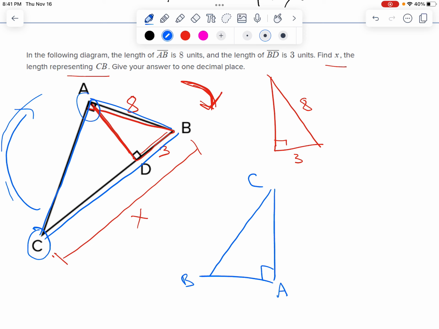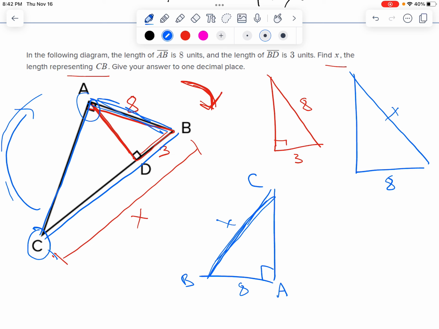And A is my right angle. From A to B, this is 8, so I'm going to put 8 here. Now just to make it match up with this triangle, I'm going to flip it around like this. So I am reflecting it, and now this is 8. And now this distance from C to B, that is my x, and so this is my x.